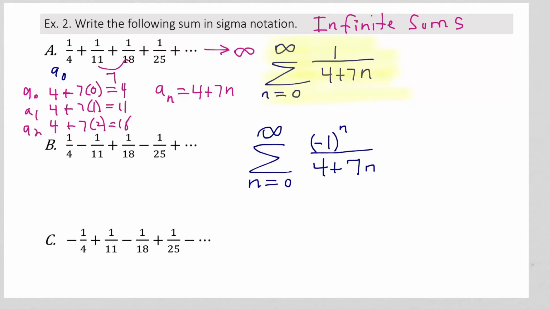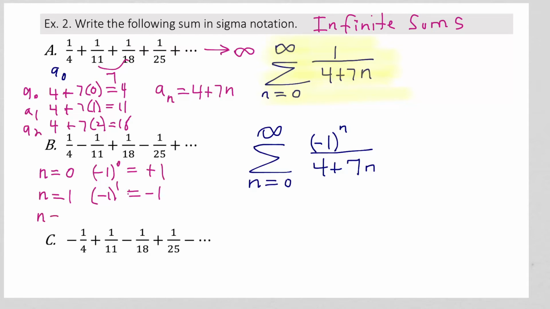All right, and what you can see is when n is equal to 0, you've got negative 1 to the 0 power, which is just positive 1. When n is equal to 1, you've got negative 1 to the first power, which is equal to negative 1.